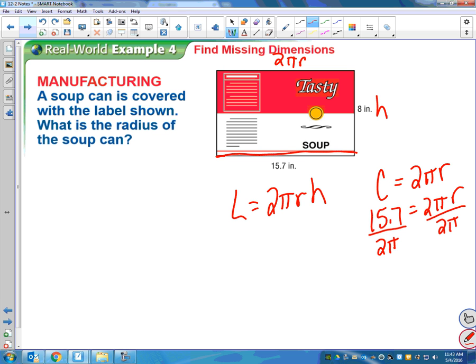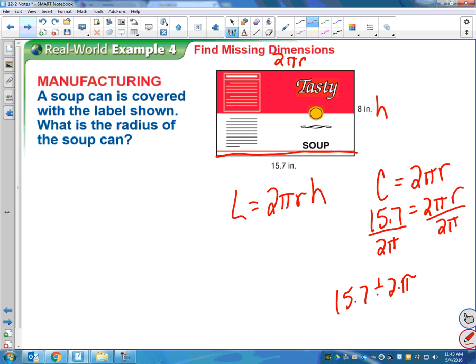Be careful when you're typing it out in your calculator. Your calculator does order of operations, so if you just divide by 2 times pi, you're going to get the wrong answer. If you just type in 15.7 divided by 2 pi, which is implying multiplication, your calculator is going to divide by 2, and then take that answer and multiply by pi.